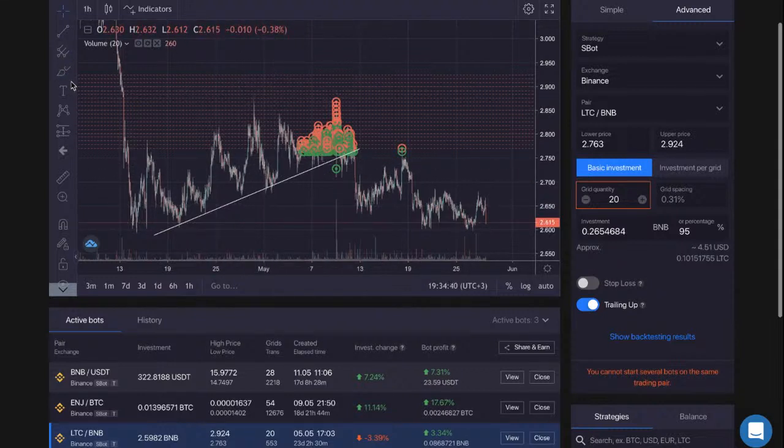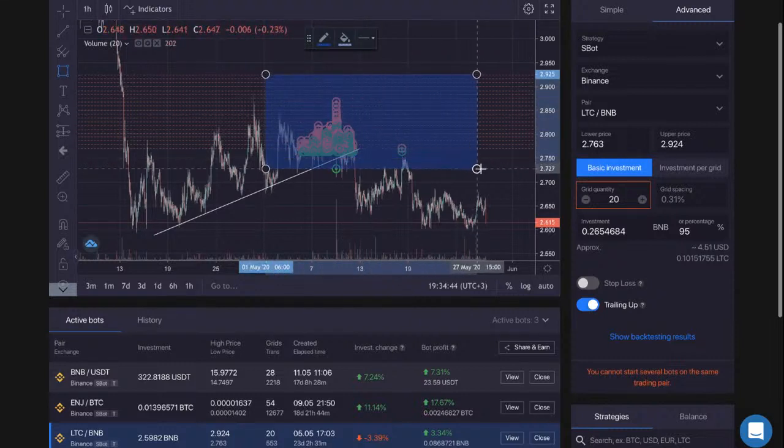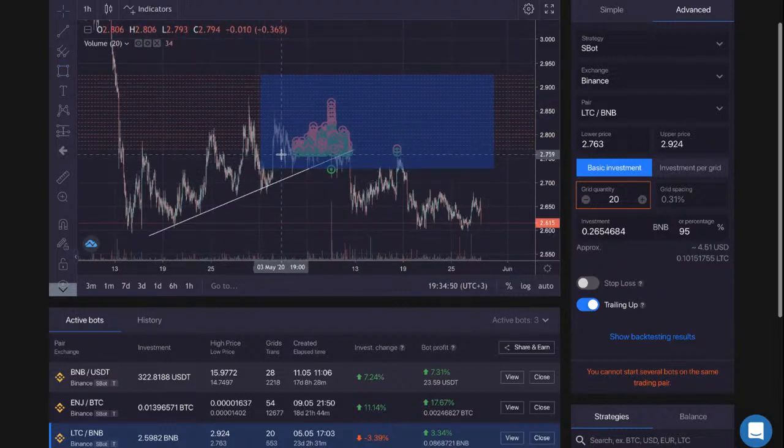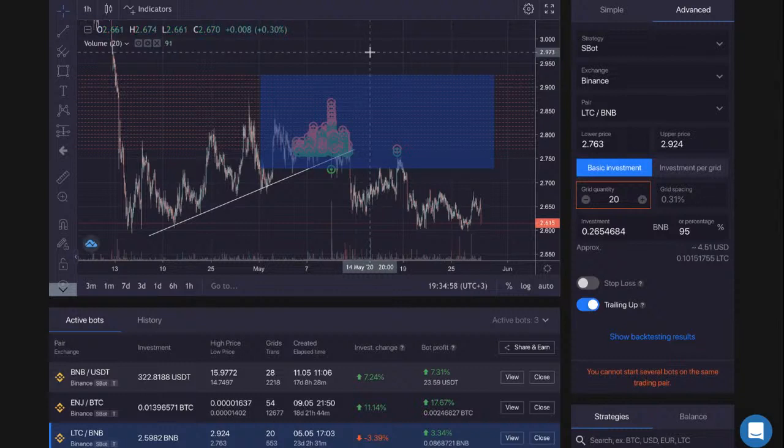So my trading range was, at the time of the initiation, approximately here. So I had some buy limit orders and I had a wider sell zone because I expected the price to continue moving upwards. So I thought that I'd rather have more sell orders than buy orders, because I think the price will start moving upwards starting from today.